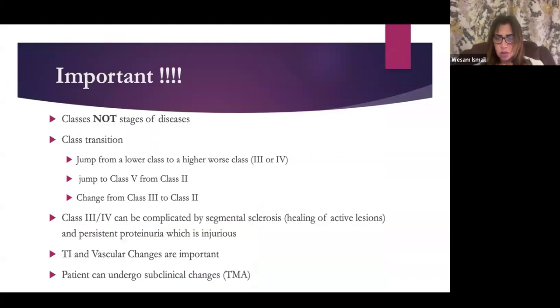Whatever all of these changes are, and whatever classification we're using in lupus, you always have to remember that these are classes and not stages of disease.